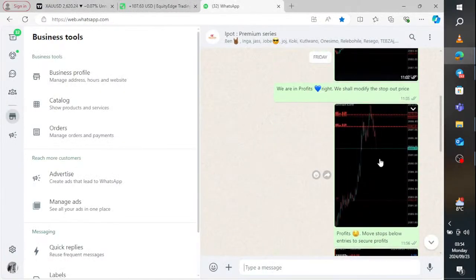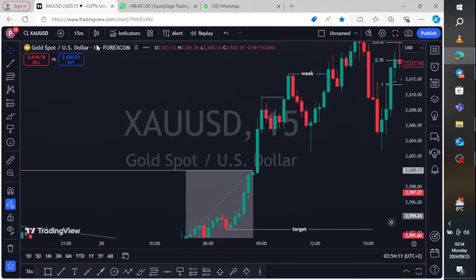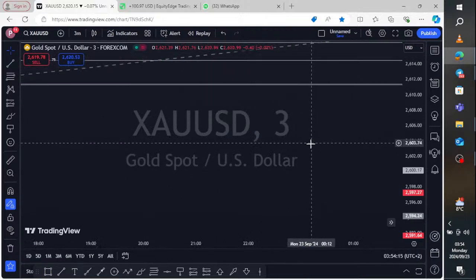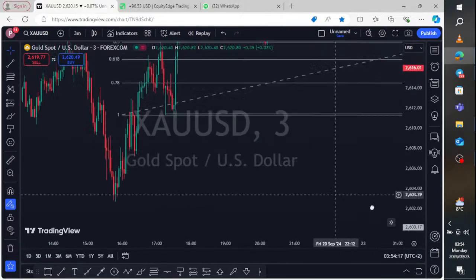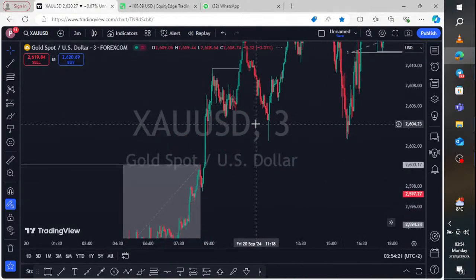If you take a look at this, we had a sell. It was a clean sell. We had our sales from this point. It was a beautiful sell, I don't want to lie. It even got me thinking, I was too confident to even say that maybe we are going down now.